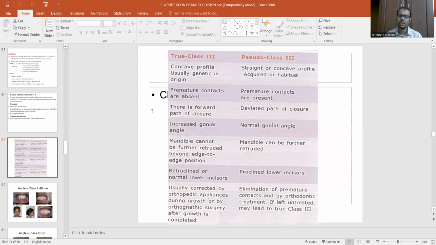There will be a proclination of lower incisors, and the main treatment for pseudo class 3 is the elimination of early premature contacts. We can do orthodontic treatment for correction of these premature contacts. And if we leave this pseudo class 3 untreated, it may lead to true class 3 in future.